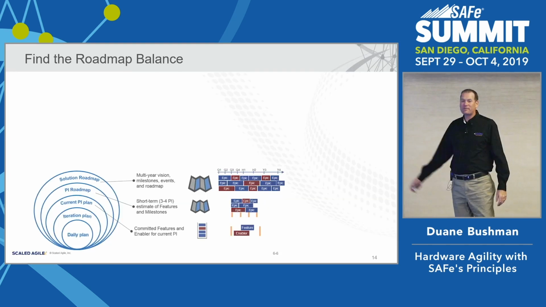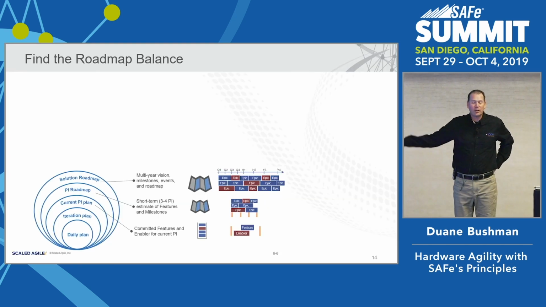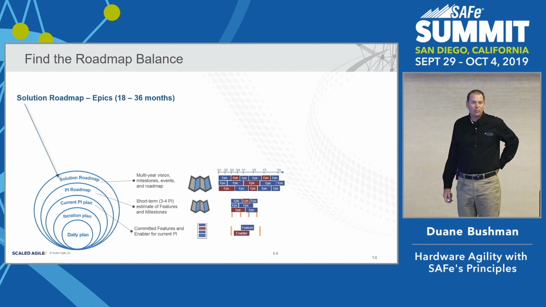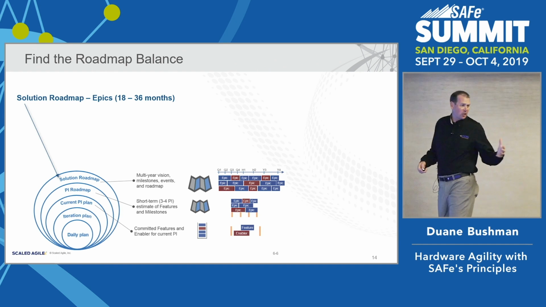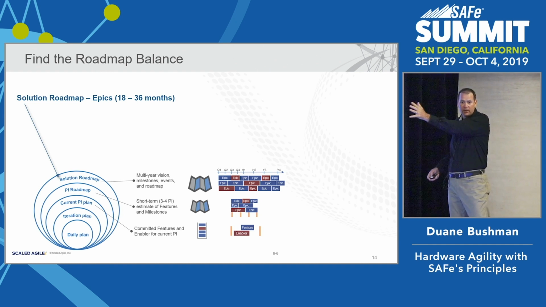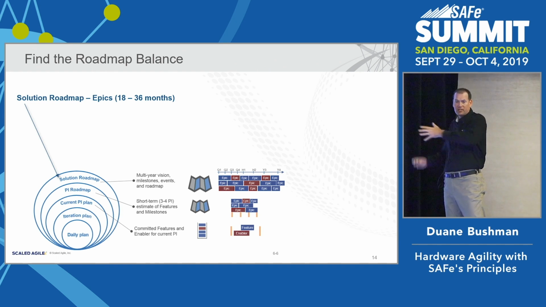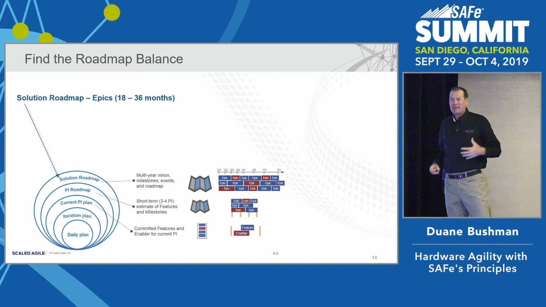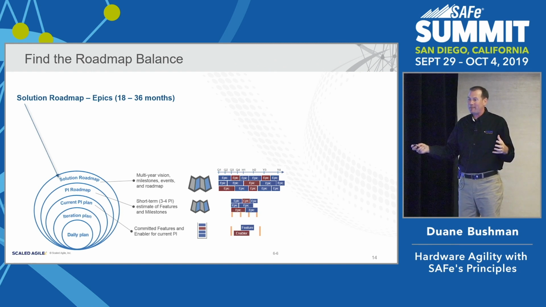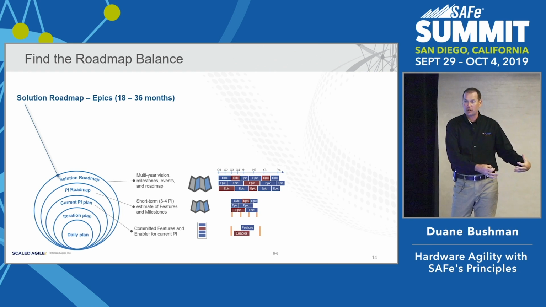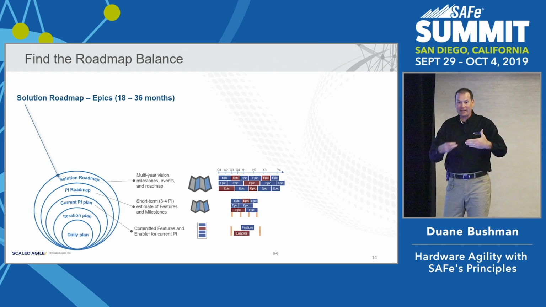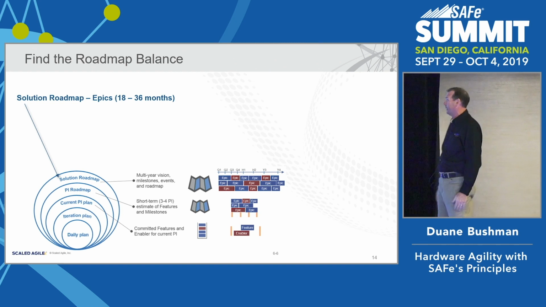So you may have seen this slide. Within the framework to date in the training, we've had a solution roadmap. That's something that often takes our epics out about 18 to 36 months. This is longer lead. The big challenge with the solution roadmap is it doesn't necessarily resonate down to the engineer level. When you start talking about epics and headlines and things like that, they have to dig in to understand it.